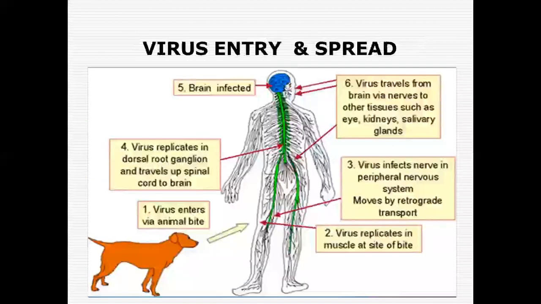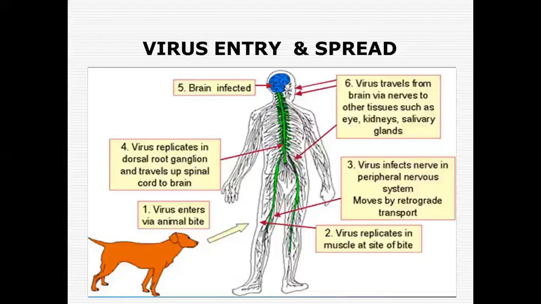This is how you see the virus: it enters via the bite of the animals. And then the virus replicates in the muscle at the site of the bite. So the virus enters, it adheres, it is absorbed over the cell, and then it starts its replication in the muscles. Now, the virus then infects the nerves, particularly the peripheral nervous system.